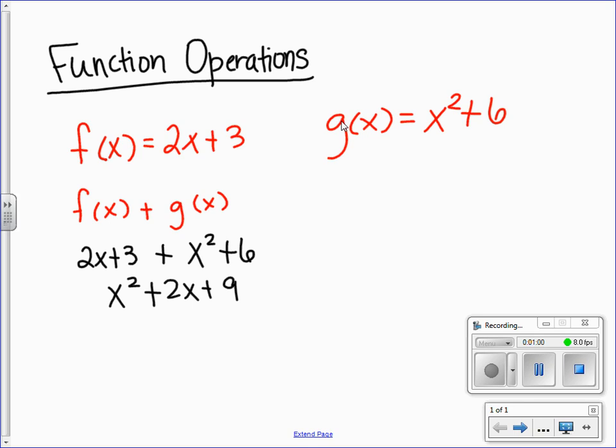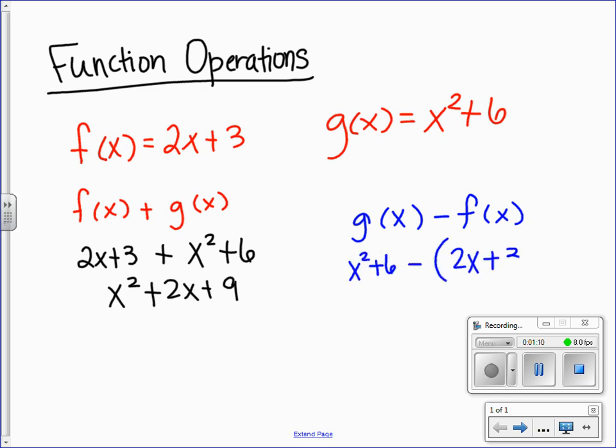How about, mix it up, g of x minus f of x, x squared plus 6 minus 2x plus 3. That would be x squared minus 2x plus 3. We've done that.